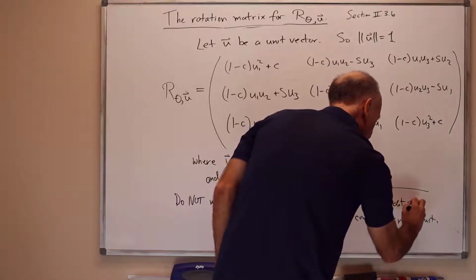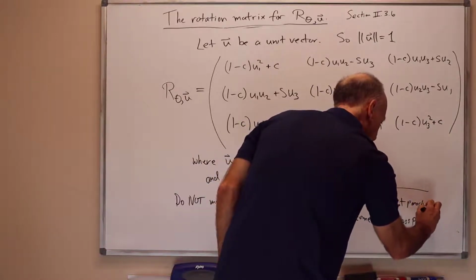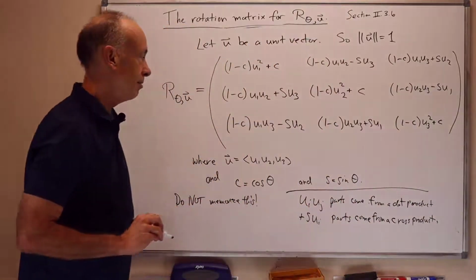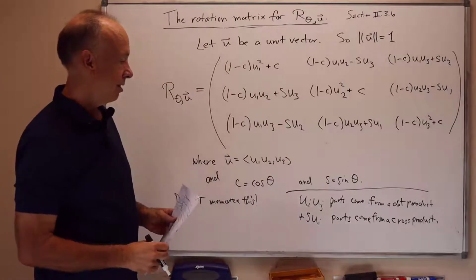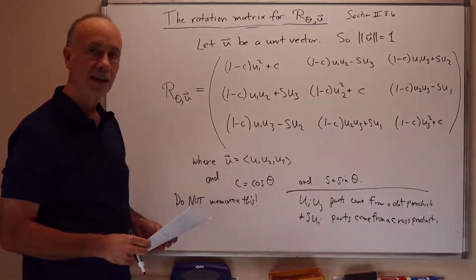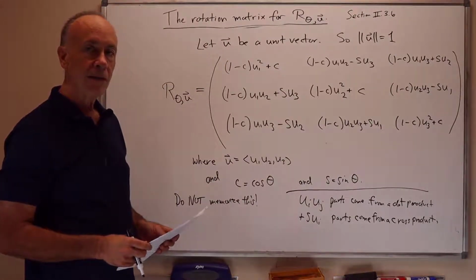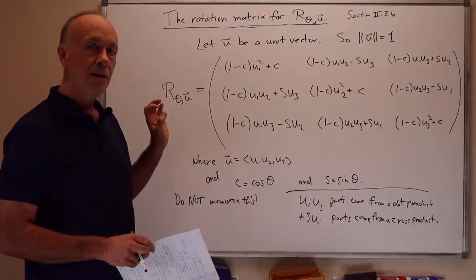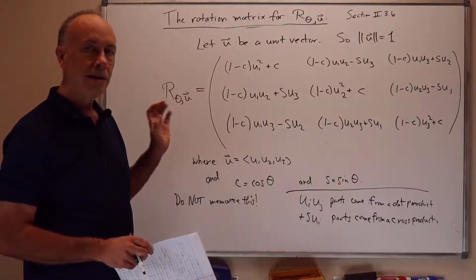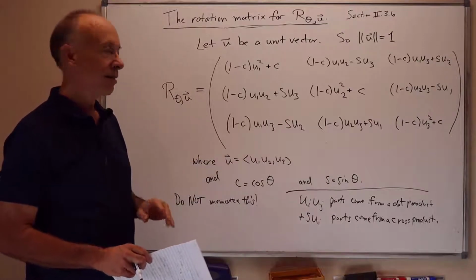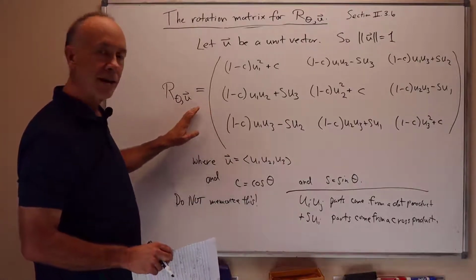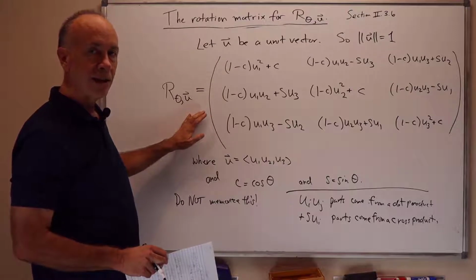So we're going to see matrices that express both dot product and cross product. And the c's will come from an identity matrix, actually. So we'll see where all those come from in the next few lemmas. I'm going to prove a lemma 1a and lemma 1b for projections and dot products, and lemma 2 for cross products. And then we'll come back and prove the correctness of this matrix for R theta u.